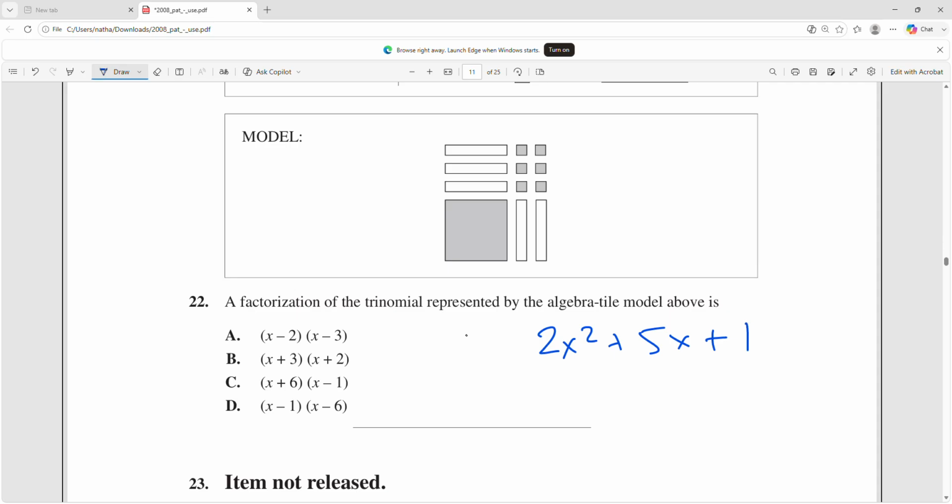When we factorize something, a factorization is breaking it down into the two things that multiply together to give that other thing. So think about a number. If 6 is equal to 3 times 2, 3 and 2 are factors. This would be a factorization of 6. Okay, so it's just saying 3 times 2 gave me 6.